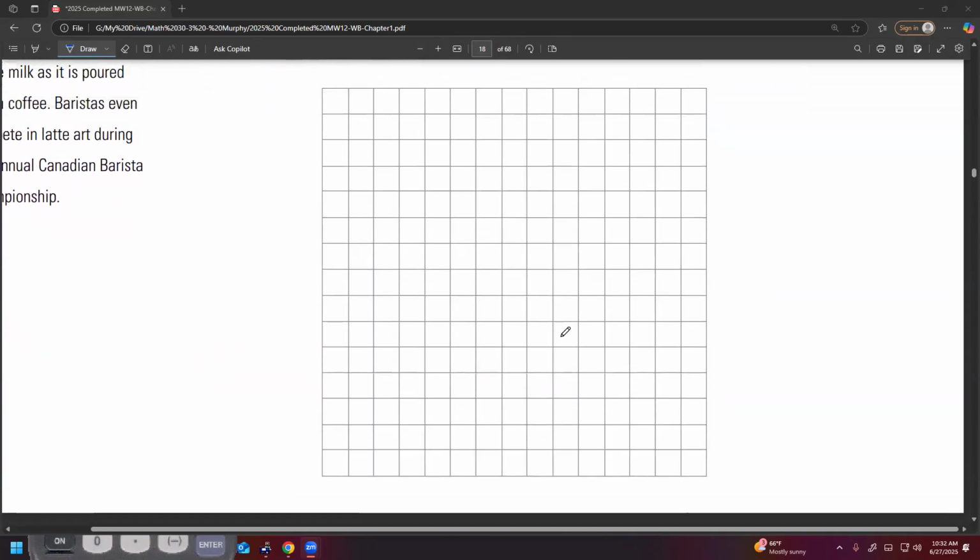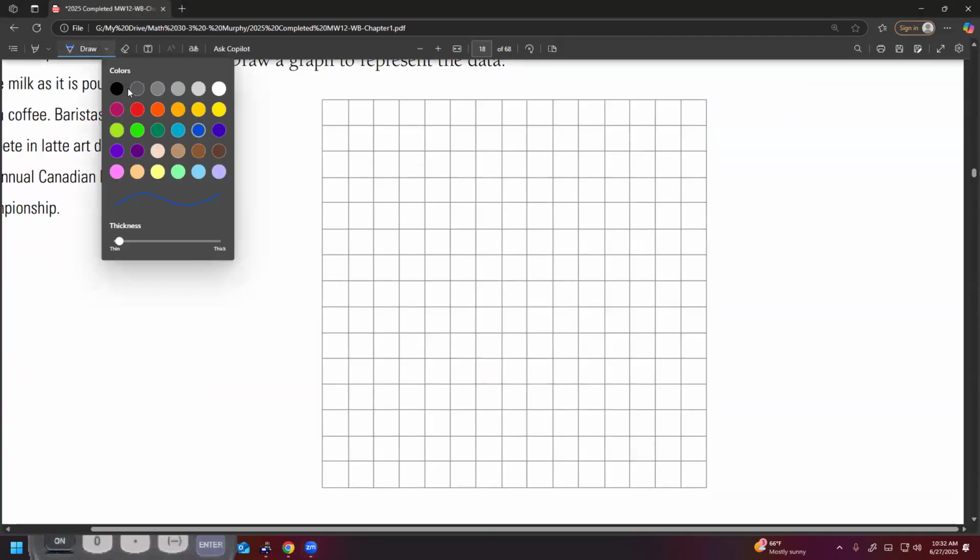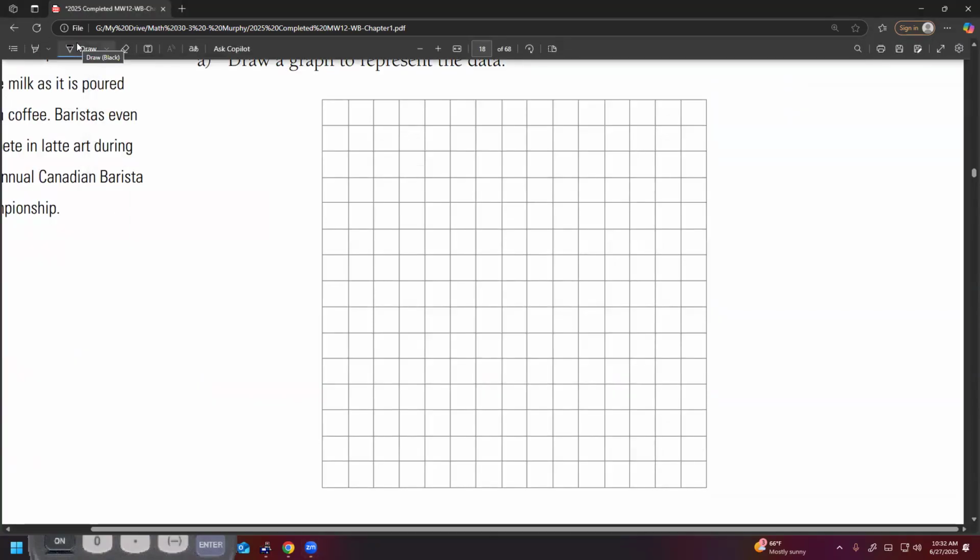To graph it, I chose the following scale. Every 2 blocks would be 50. Go through and label that in.